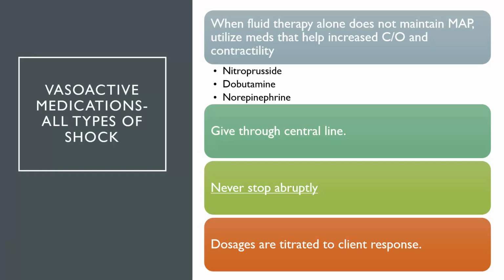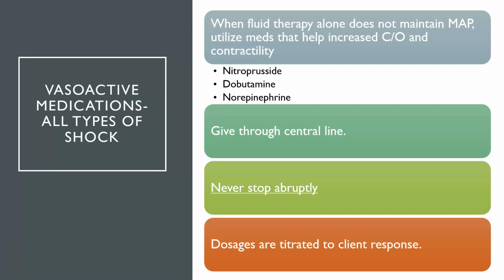Now, vasoactive medications, all types of shock. When fluid therapy alone does not maintain your mean arterial pressure, utilize meds that help increase cardiac output and contractility. That's your nitroprusside, your dobutamine, and your norepinephrine.